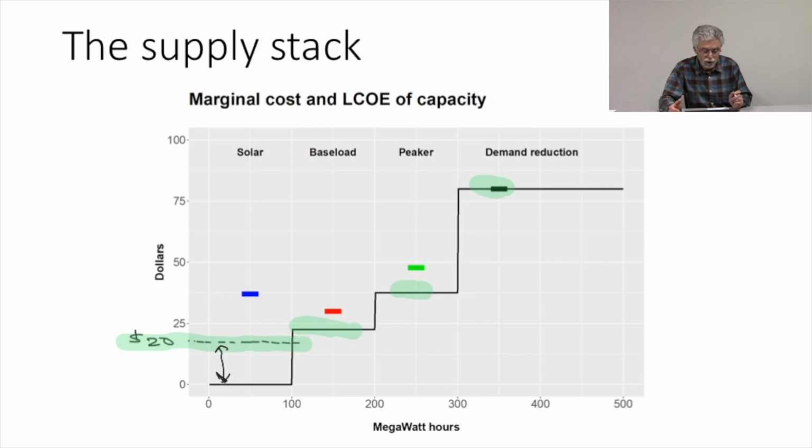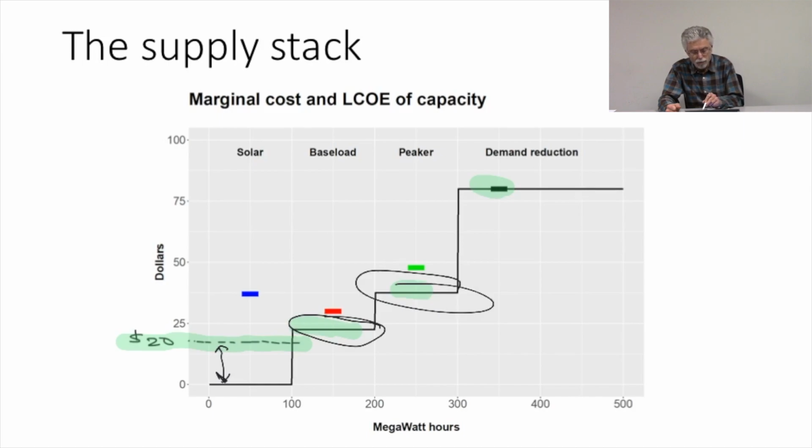So the answer to the question is, you would operate your solar plant at a full 100 megawatts for the hour to generate the 100 megawatt hours of electricity. It would cost you zero, but it would make you $20 per megawatt hour. None of your other sources are worth running at $20 per megawatt hour.